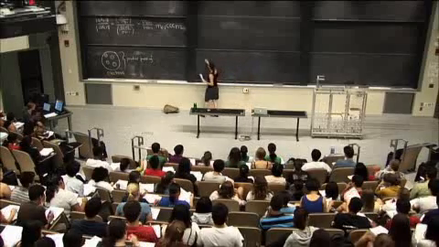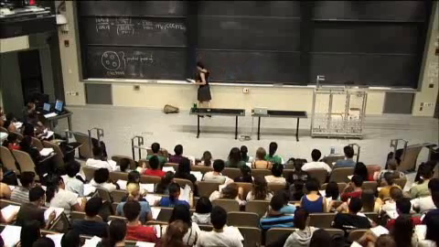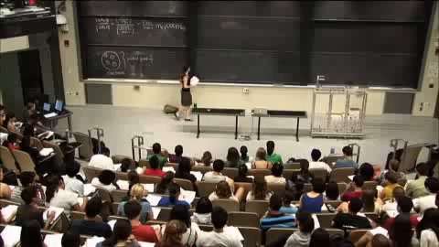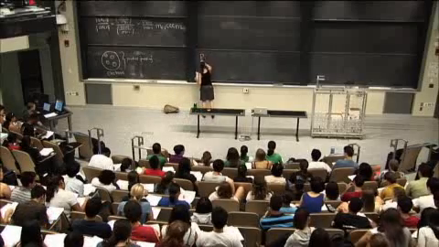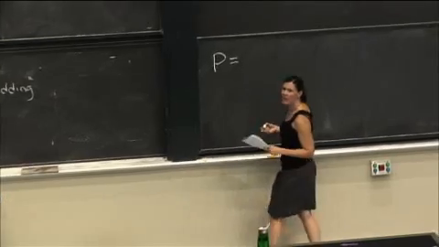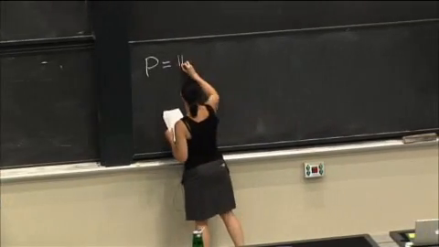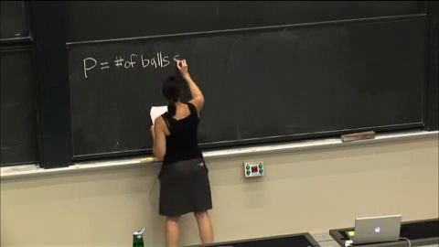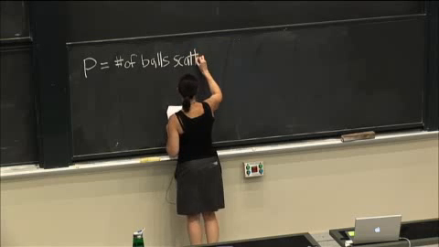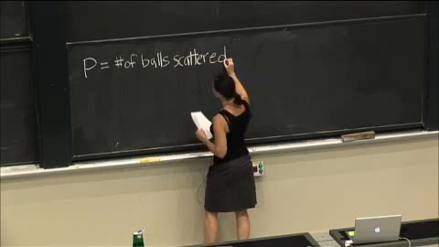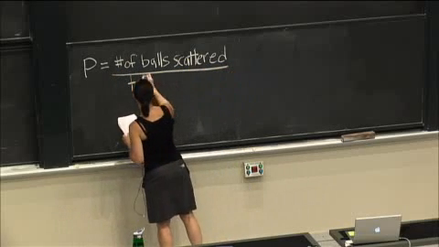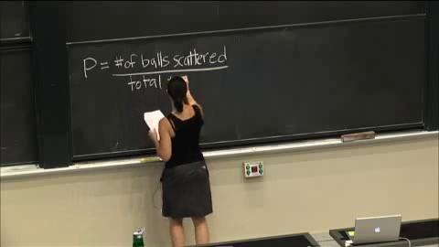So if we think about the probability of backscattering, which is the exact same thing that we saw Rutherford calculate using the 20 divided by 132,000, but in our case, the probability of backscattering is going to be the number of balls that backscatter, and that's going to be divided by the total number of ping pong balls.